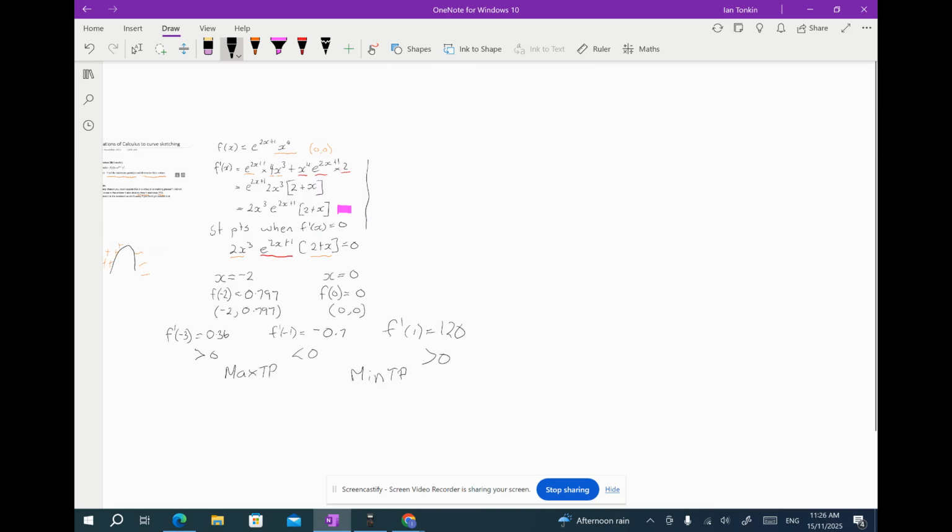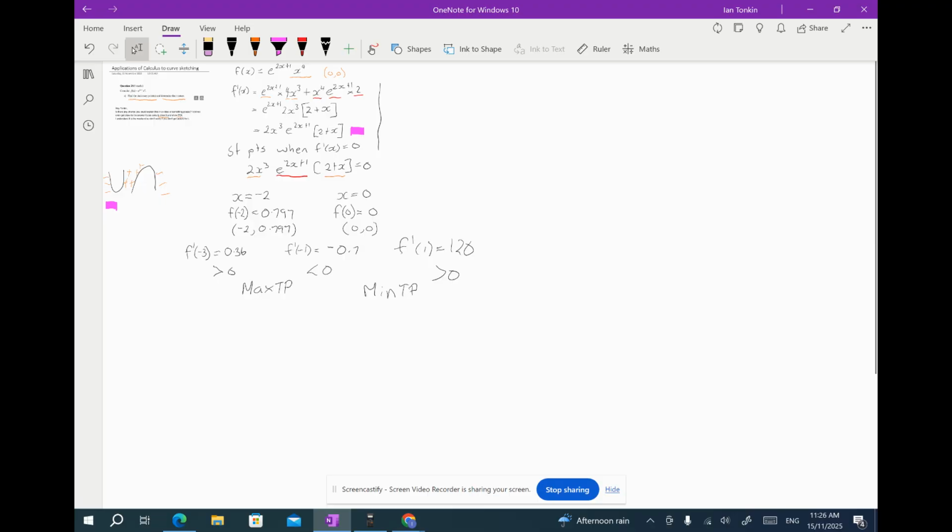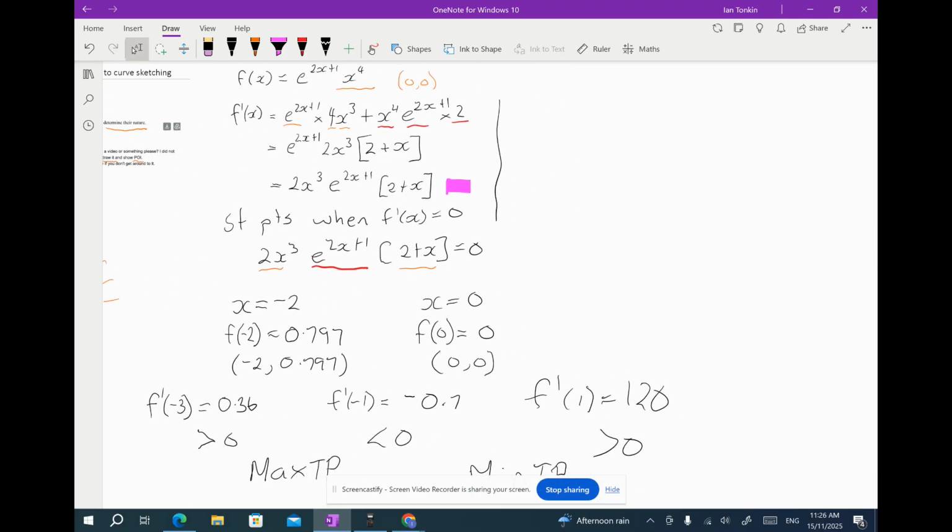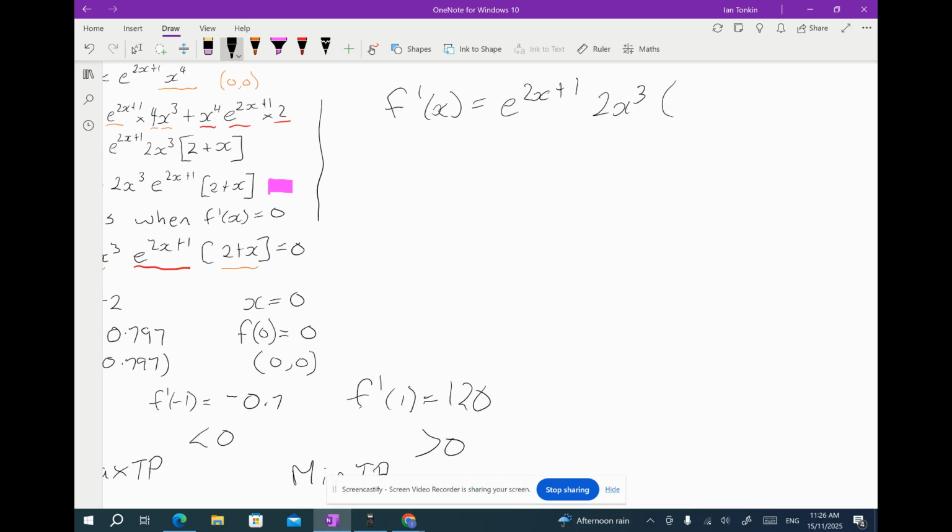Now, to find the second derivative, this is going to be hard. Oh my goodness. I have to have 2 goes at this. So I've got my f dash and it's e to the 2x plus 1 times 2x cubed times 2 plus x.